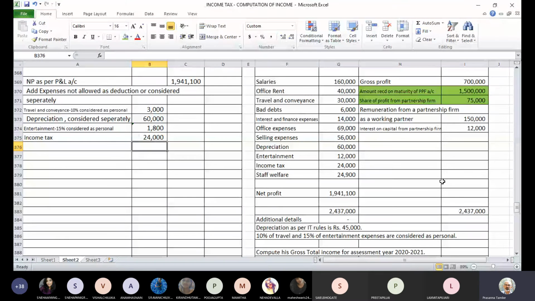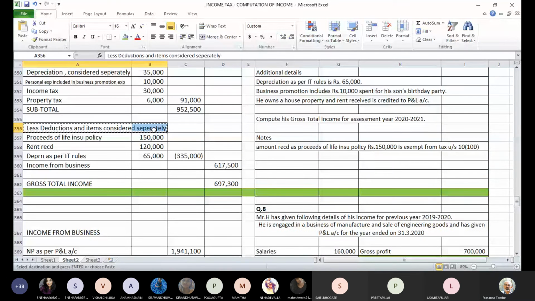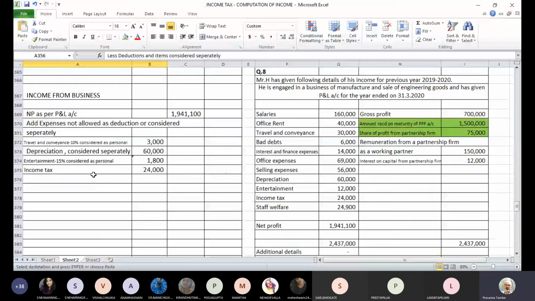So we come to the deductions now. Less deductions or items considered separately. In that, we are going to have these two amounts because these are exempted income which are credited to the P&L account.